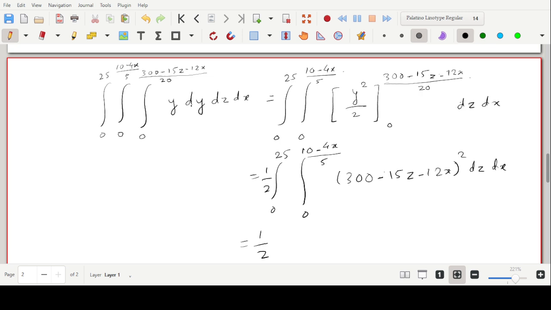You can take it as an exercise: instead of the order of integration dy dz dx, you can rather integrate it like dx dz dy. That could be the best way to compute the integral, but in that case we shall have to change the limits of integration.